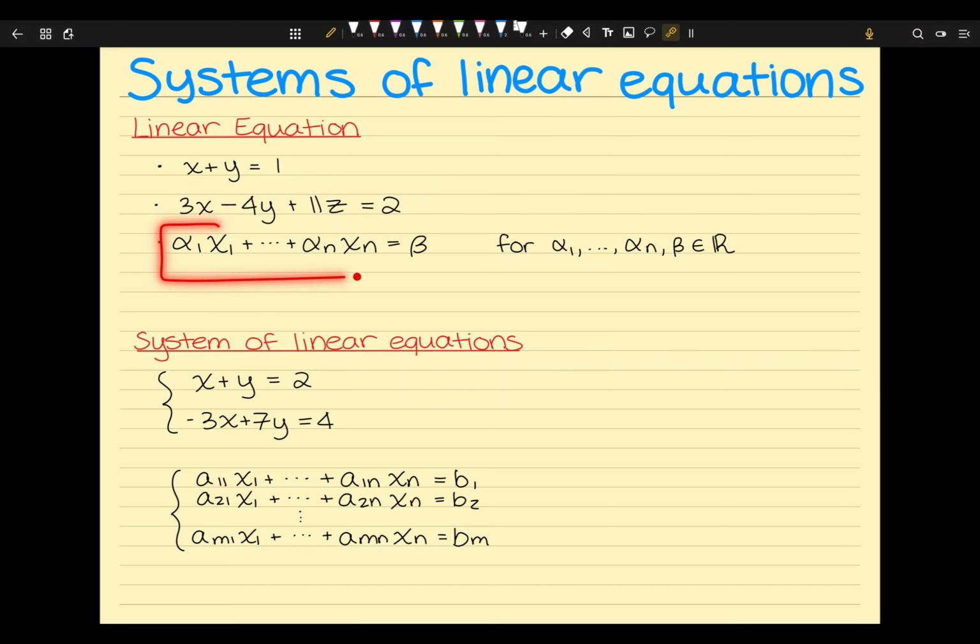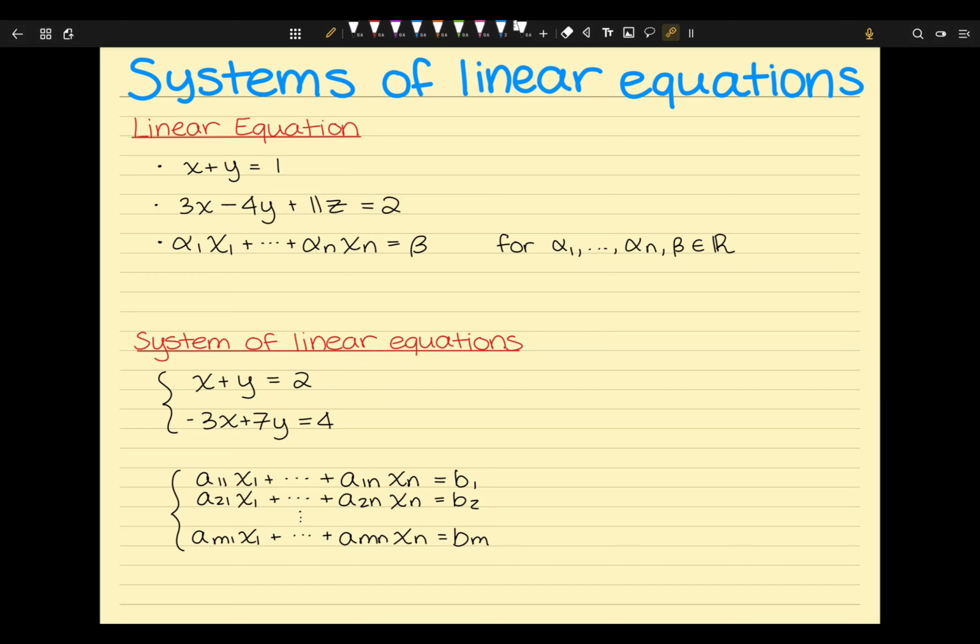In general, you could have a linear combination of variables like this. Linear combination means that we multiply each variable by some constant and then add them all up. So you're not going to see an x squared or an x cubed in here. It's just the variables multiplied by scalars.